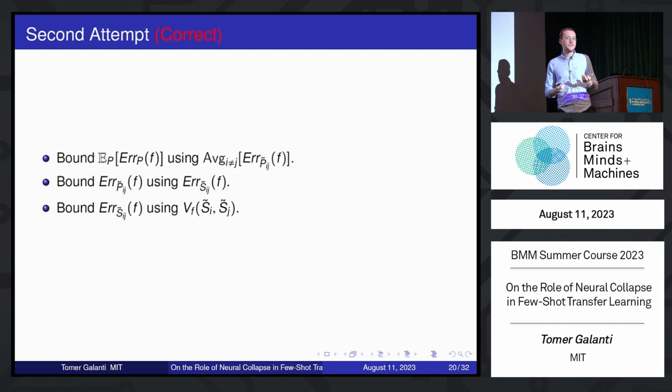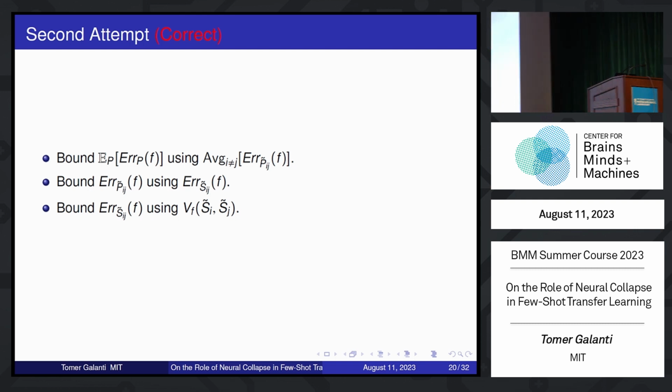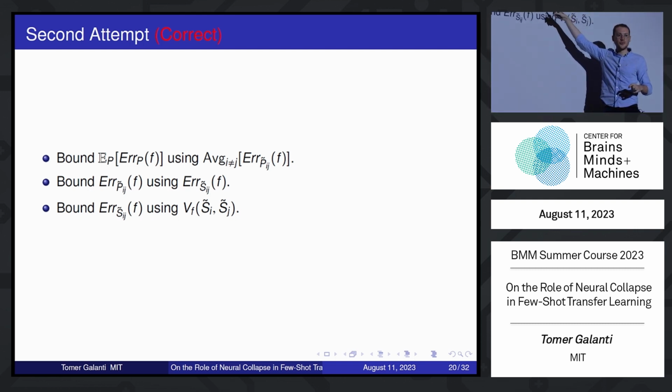So the idea for how to analyze this problem, how to prove that transfer learning works in this setting, is to argue the following. We want to bound or to minimize the FewShot error on new tasks, right?